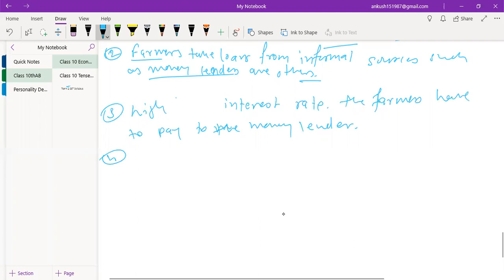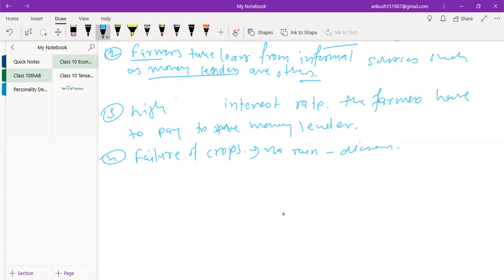Fourth thing, the most important and most vital as well, we may consider it. Sometimes there is a failure of crops. There may be different reasons behind it, like no rain. Suppose some diseases are caught by the crop, spread throughout the agricultural land.